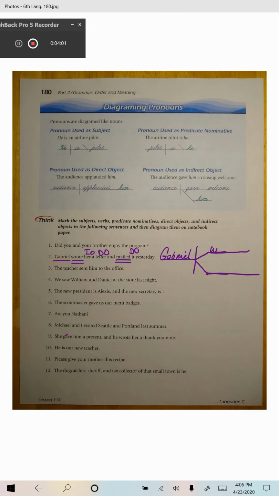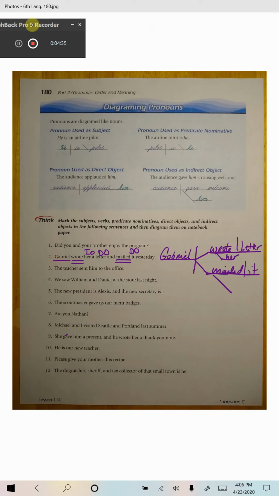She's going to wrote letter, and she wrote it to her. Remember that goes under the verb, the indirect object. And she mailed it, direct object.